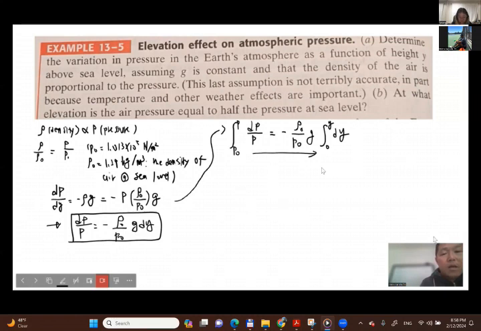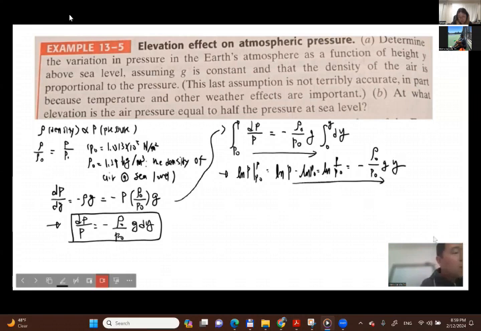The integral of 1 over P dP should be a log function. So that is natural log of P from P naught to P, which is natural log P minus natural log P naught, which is log of P over P naught, equals minus rho naught over P naught times g y.